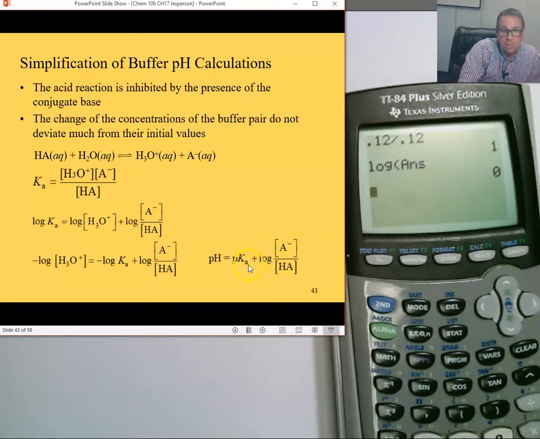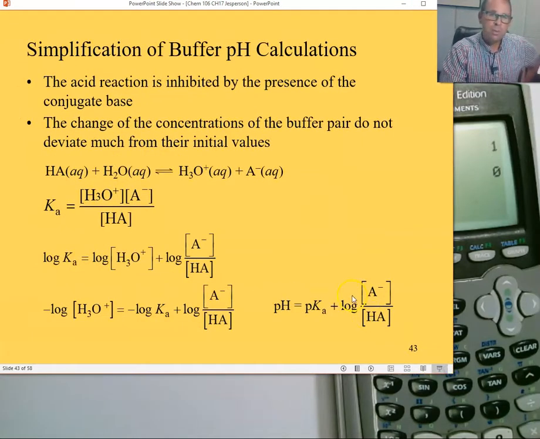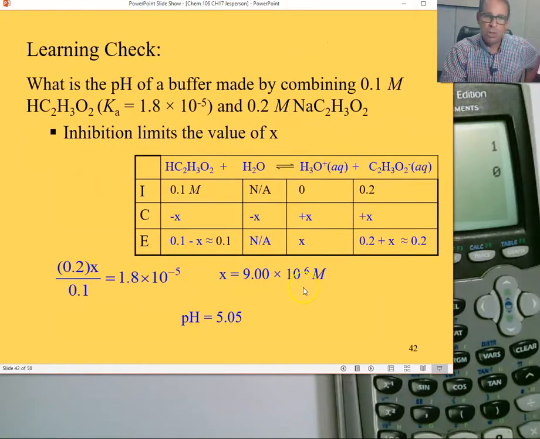Which makes sense, because that's what we said. The pKa is a special pH. It's the pH that you'll get when the concentration of the acid and its conjugate base are the same. So again, this equation will generally be provided for you. We just went over here with an ice table how you can identify the pH, knowing the concentration of an acid and its conjugate base with the Ka of that acid.